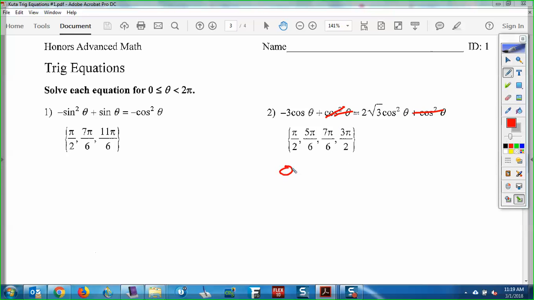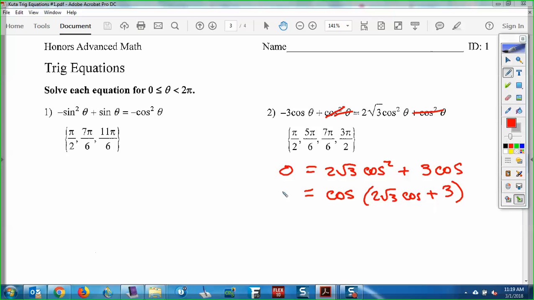So I'm going to move it over to that side. I got 2 root 3 cosine squared plus 3 cosine. Now I can take out a cosine, and I get 2 root 3 cosine plus 3, I think. Did I do that right? So I have either cosine x equals 0, or 2 root 3 cosine plus 3 equals 0.